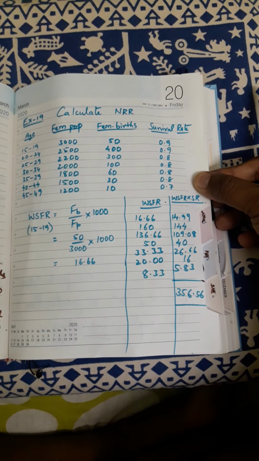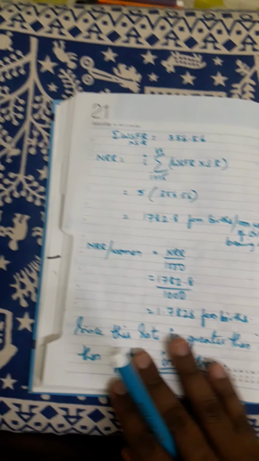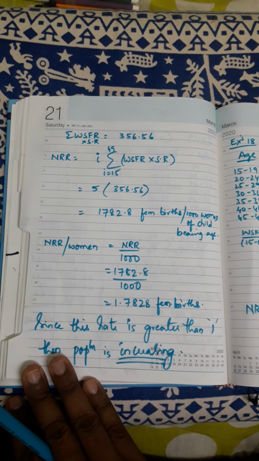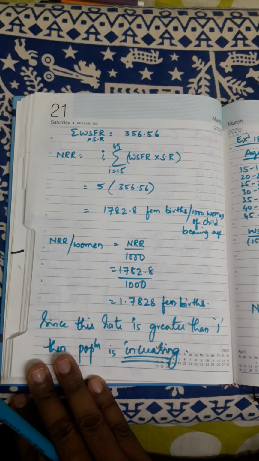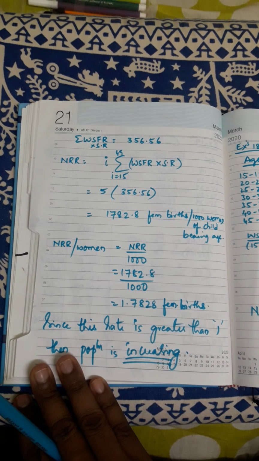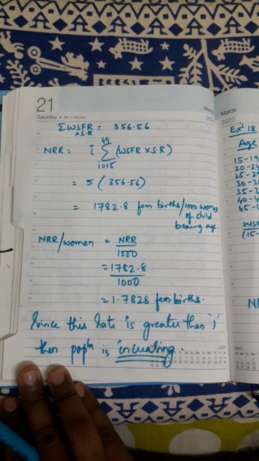So multiply WSFR into SR, you will be getting 356.56, and then substitute in the NRR formula, WSFR into SR multiplied by 5. 5 is the magnitude, quinquennial age group. So here comes the NRR per woman.